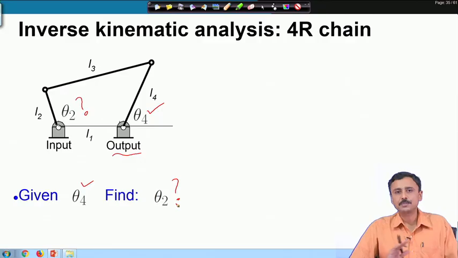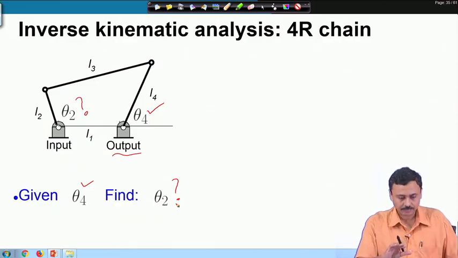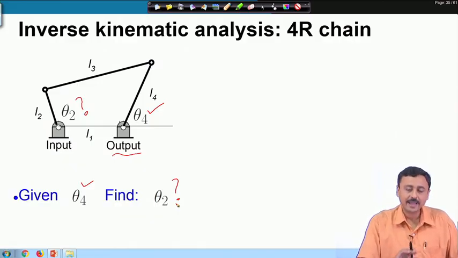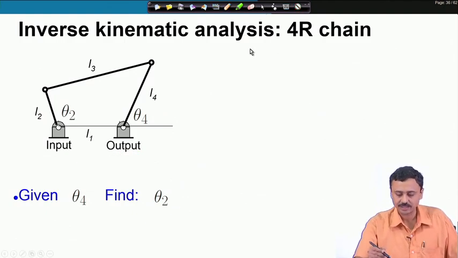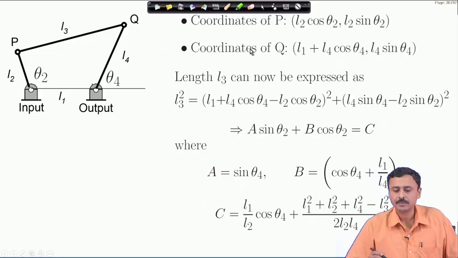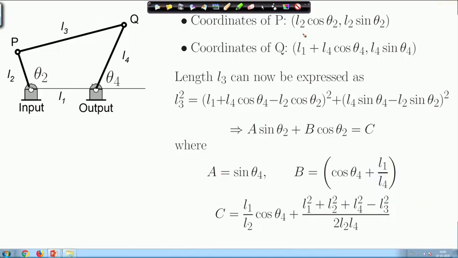Now, this problem is absolutely similar to the direct kinematics or the forward kinematics problem of the 4R chain that we have discussed. Only thing, the angles that we are going to determine have changed, but the starting equations remain the same. Let us go through this quickly.